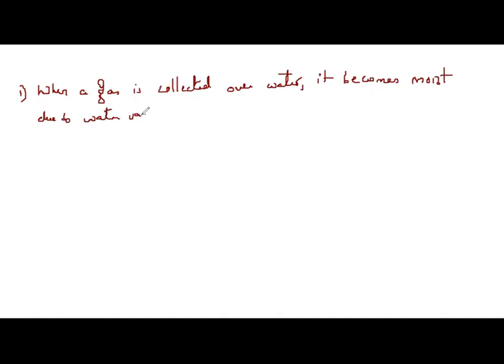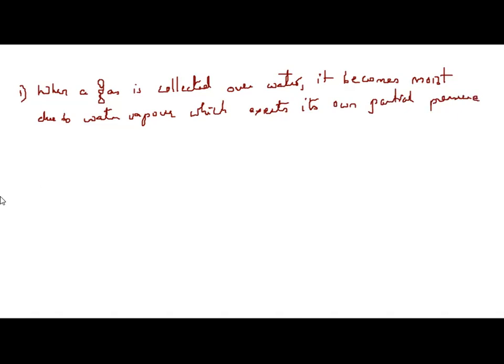Water vapor exerts its own partial pressure. Because of its own partial pressure of water vapor, the gas becomes moist.